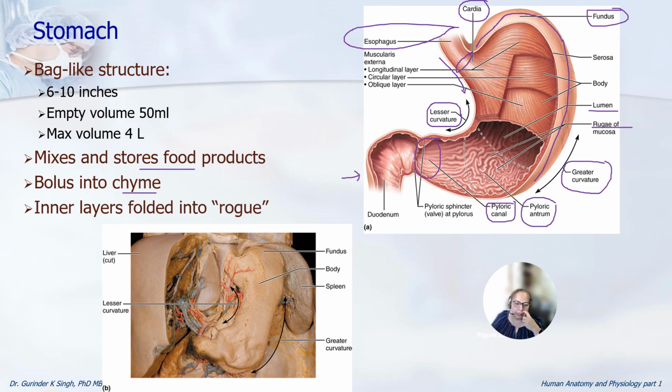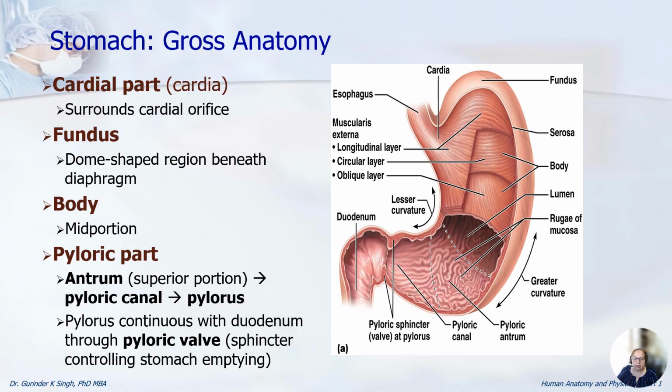Okay, so here is a picture of just the cadaver stomach, and very similar to that which is drawn in here. You do see the lesser curvature here, and then the greater curvature here. So we did talk about the gross anatomy already.